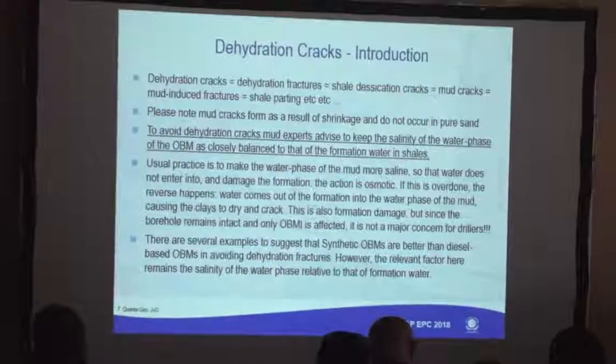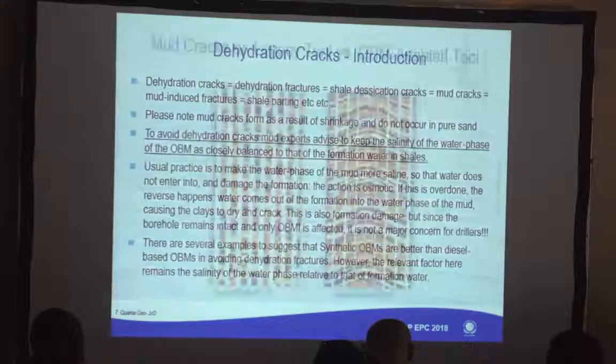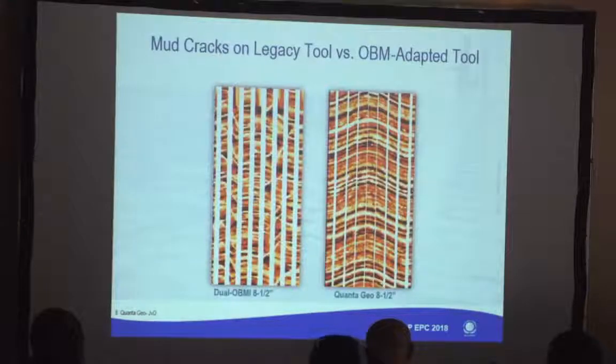That's not what you want to see happening, because if this happens in front of shales, you tend to dry out the shale. And that is what you see happening in this image. It is a very common problem with these OBMI logs. These are the so-called mud cracks.